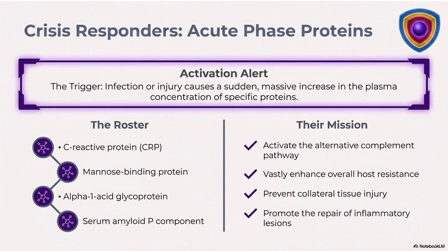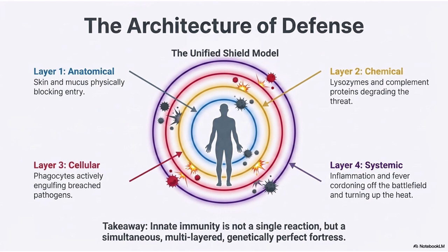So basically, to understand this concept of innate immunity, you can say first of all there is an anatomical layer, which is the skin and mucous membrane, which block any kind of entry into the human body. Next, if the organism bypasses this, then you have the chemical layer, which is the lysozymes and complement system, which basically degrade the threat.